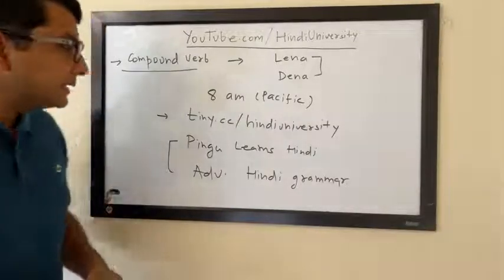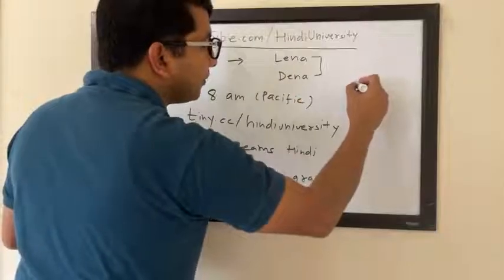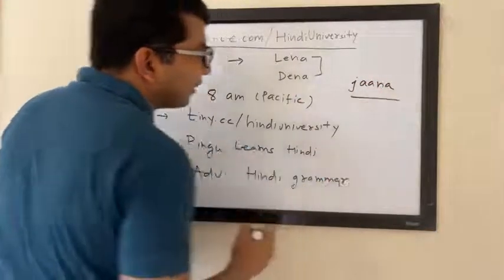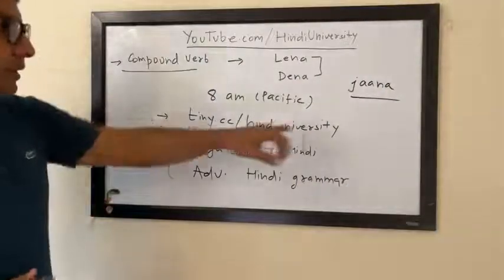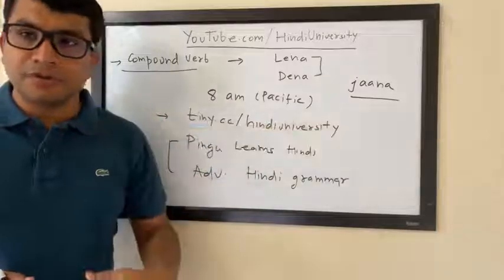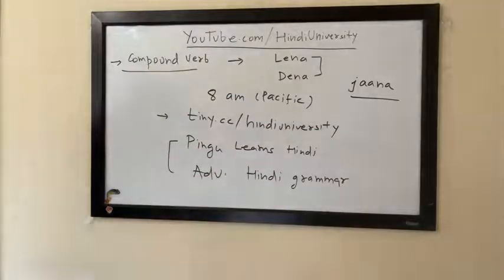In this class, the goal is to use the third most commonly used, in fact this is the most important one, it's used very commonly across the board with other verbs. How when you use jana with other verbs, how does it change the meaning of the underlying verb.